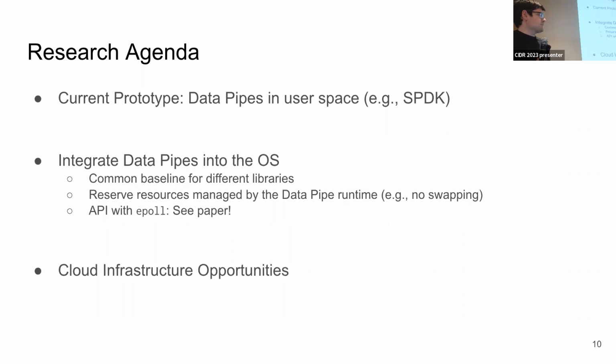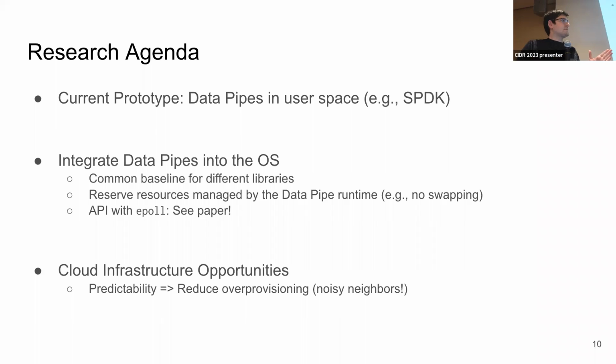Secondly, we also think there are opportunities for cloud infrastructure vendors. The first one being, data pipes can make everything more predictable, right? Because you declare upfront where data is and where it's supposed to be. So as a cloud vendor, you now know where your customers want to move the data. That means you don't have to over-provision as much because you can more easily schedule data movements.